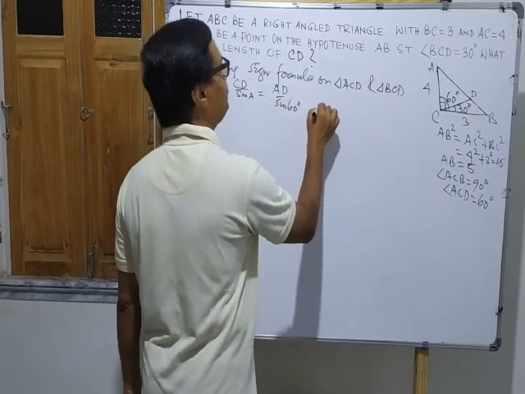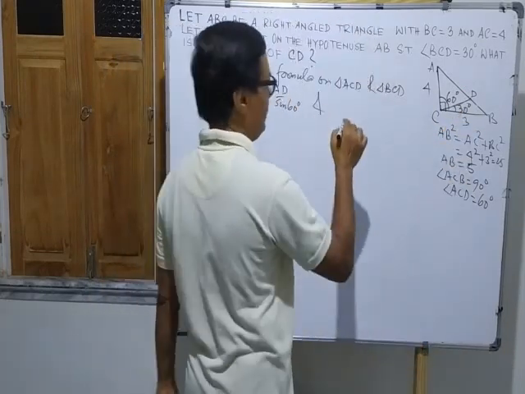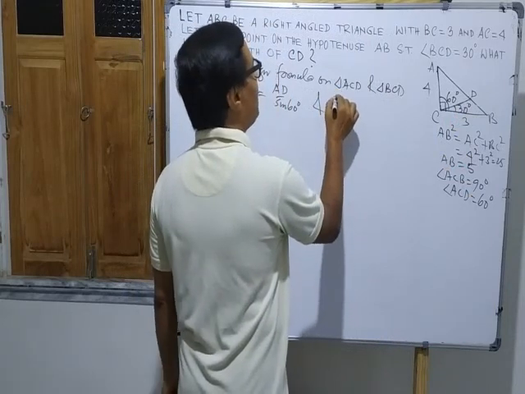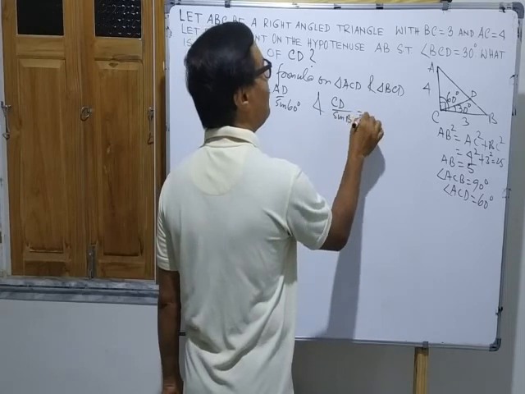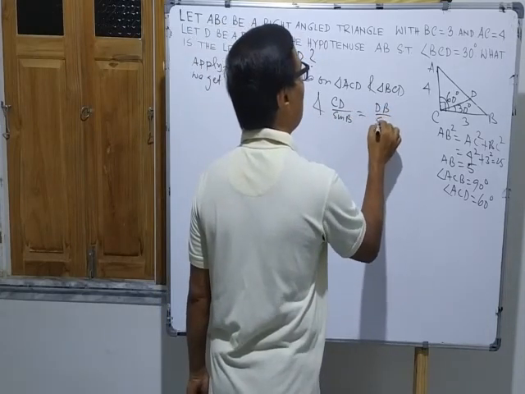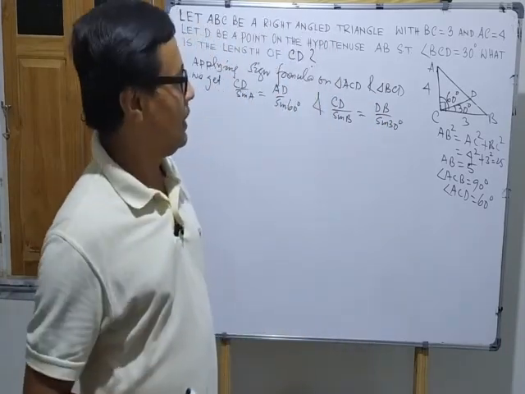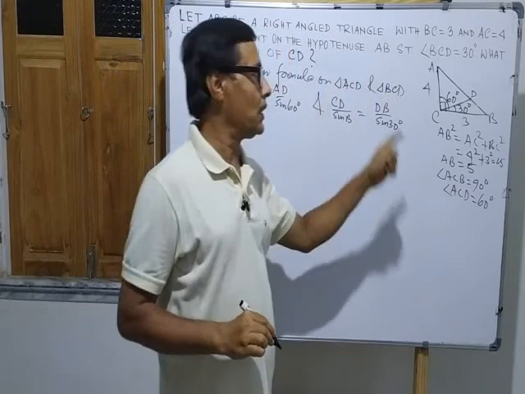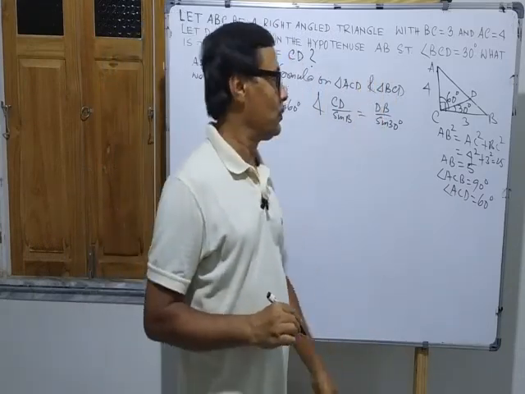And from the triangle BCD we get CD over sine B equal to DB over sine 30. This is the sine formula. The sine formula says that the lengths of the sides are proportional to the sine of their opposite angles.